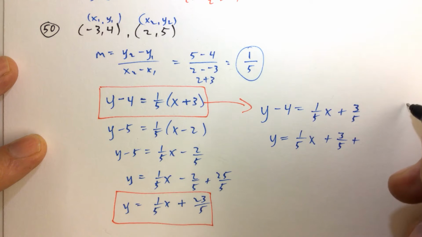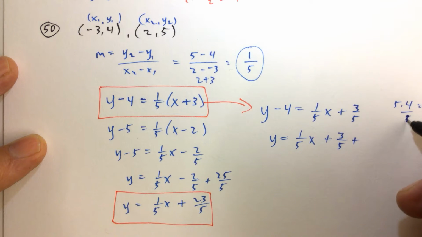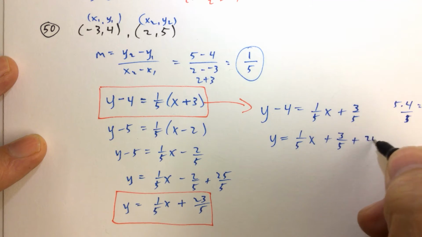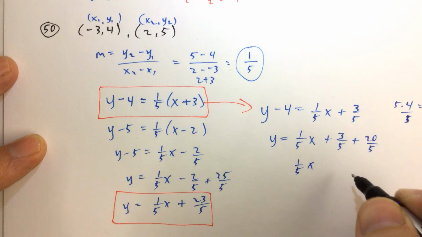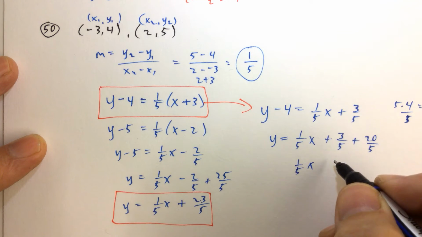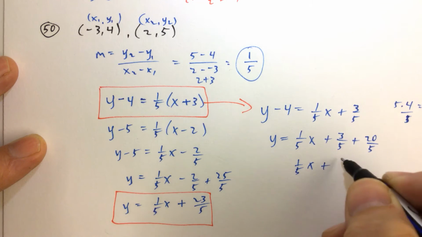Now, plus 4 equals, if we multiply top and bottom by 5, we have to get a common denominator. We get 20 over 5. So we have 20 over 5, and you can see this coming together here. So if we combine these two fractions, we get 3 plus 20 is 23.